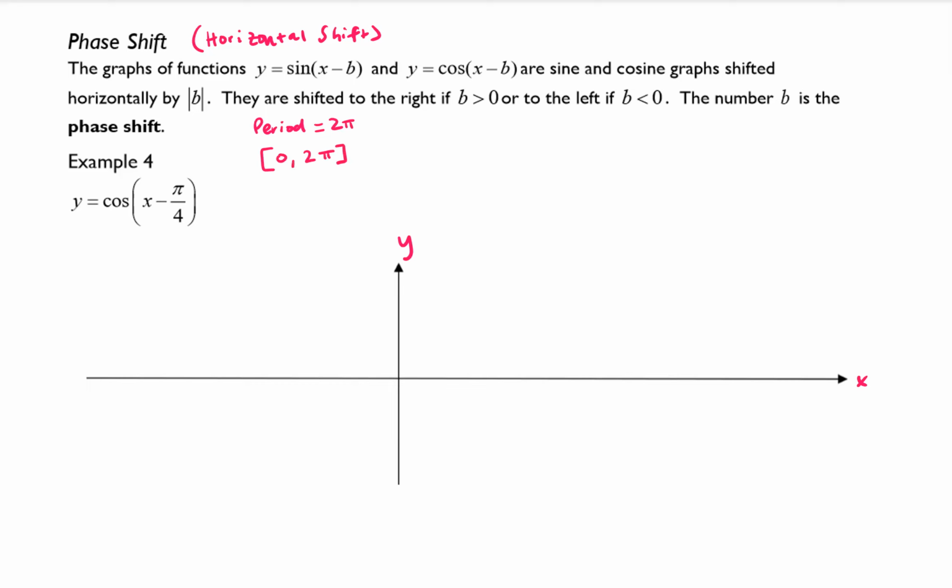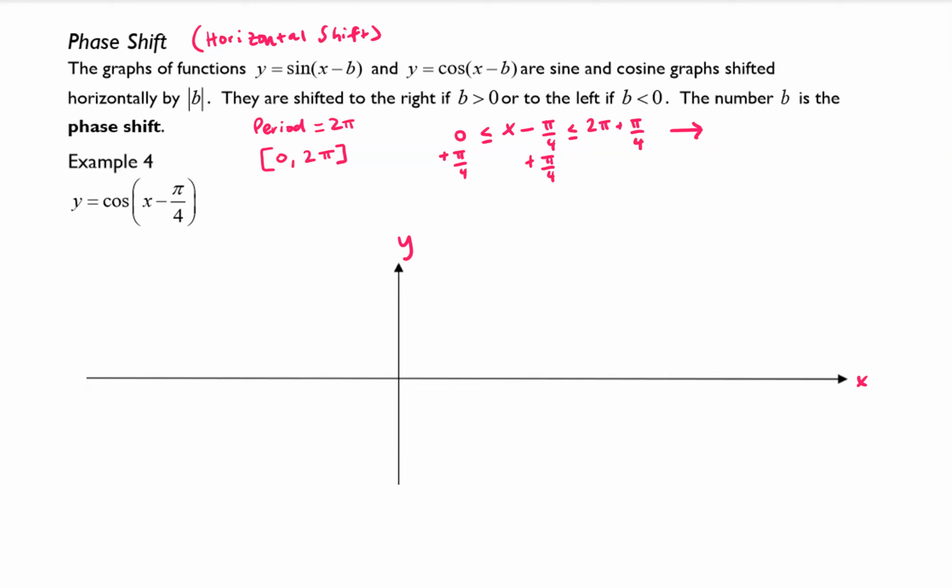And so the thing inside of the parentheses that we are taking cosine of, we want that thing to be within that interval between 0 and 2 pi. So if we're solving this for x, we could add pi over 4 to all sides of this inequality.